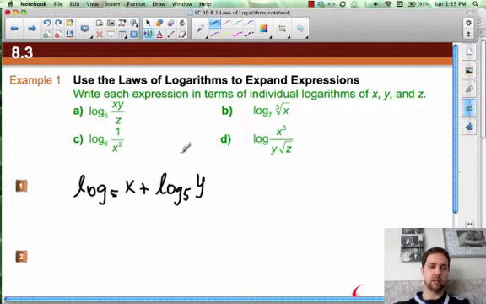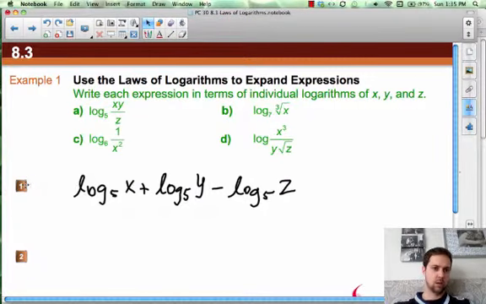And finally, the z is what we're dividing everything by, so we subtract that as our final one here. Let's double check and see how we did. Perfect.